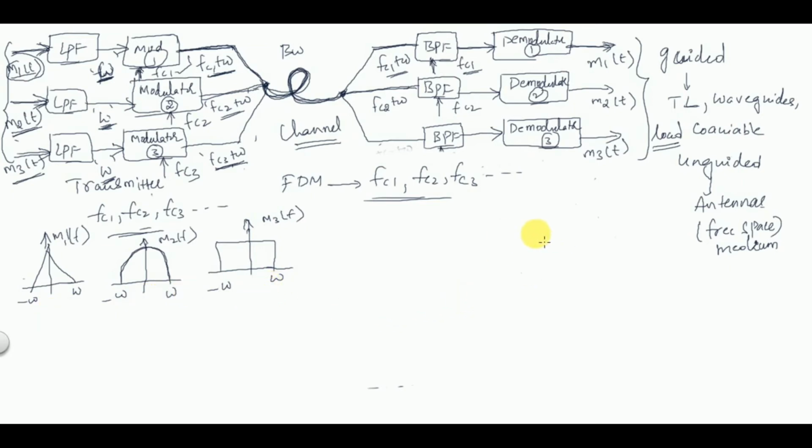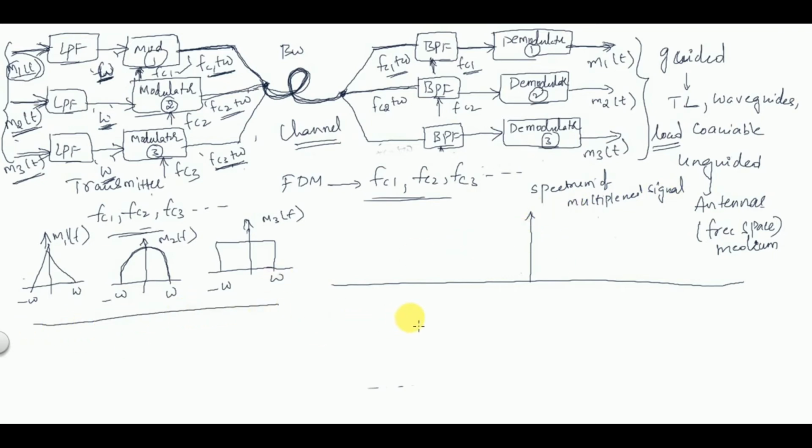These are the spectrums of m1 of f, m2 of f, and m3 of f. So how will the spectrum of the multiplexed signal look? In this spectrum it should consist of all the frequency ranges.